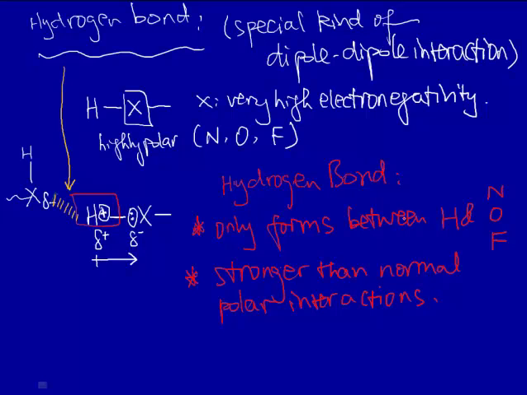If normal polar molecules interact, it's weaker compared to the hydrogen bond. So this one is stronger. Polar interaction means this dipole-dipole interaction, where you have a permanent dipole. And that's the reason why, even though the hydrogen bond, at its core, is no different from a dipole-dipole interaction, it is actually a fairly strong interaction. So that's why it's being pulled aside to get its own category.